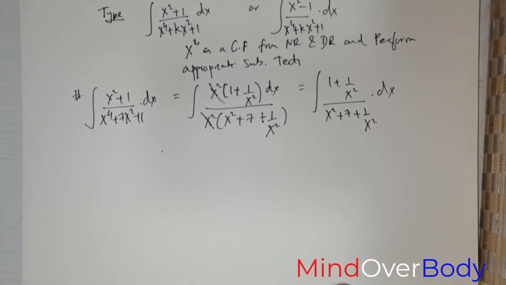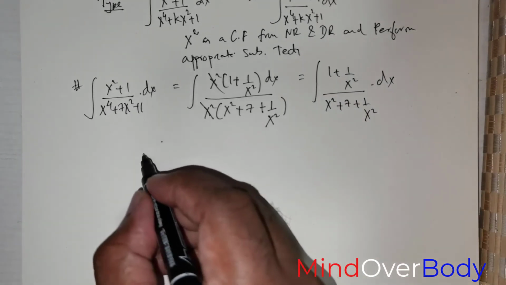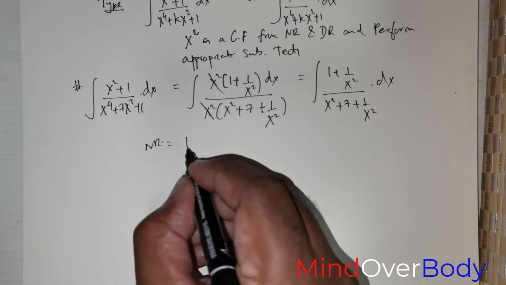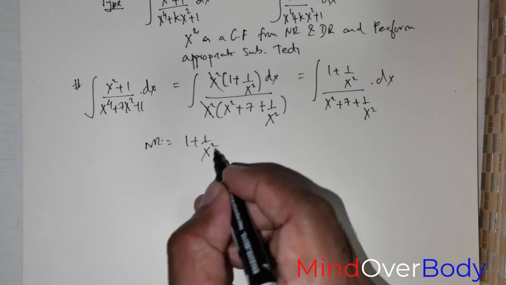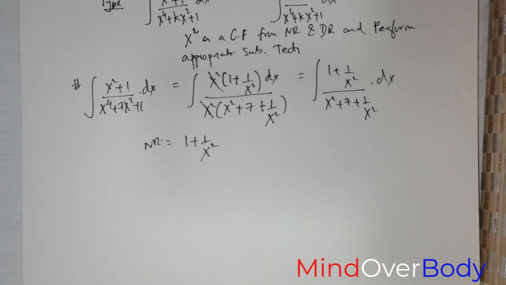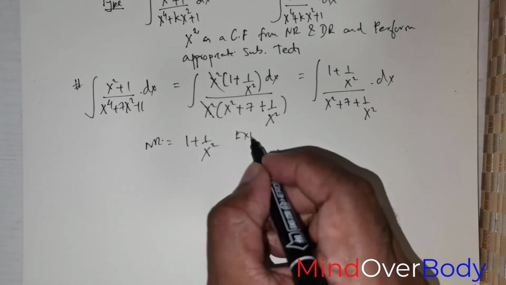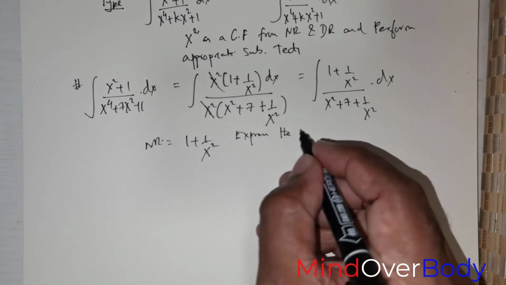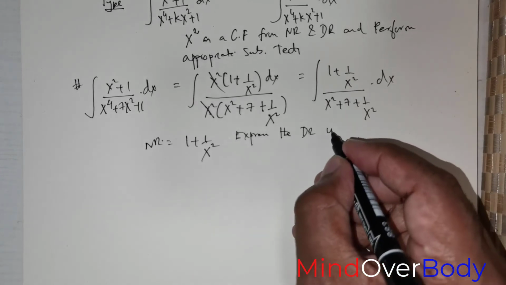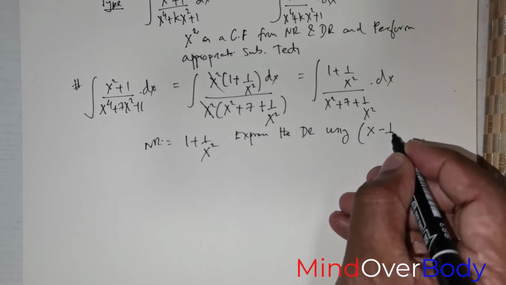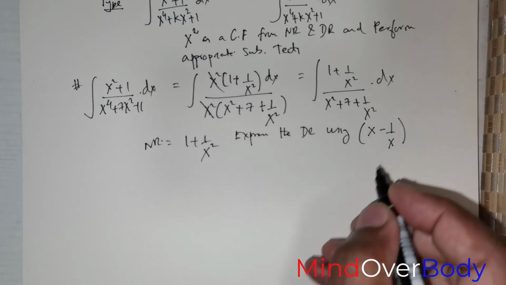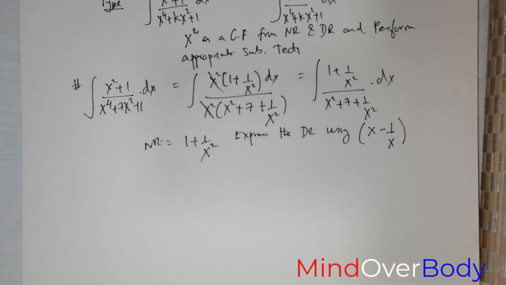Now this is the idea. If you get in the numerator 1 + 1/x², then you have to express the denominator using x − 1/x. So this is the keyword.